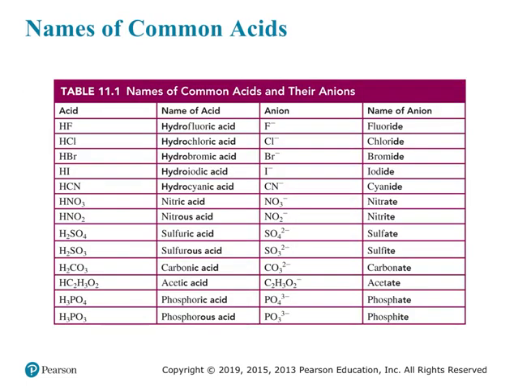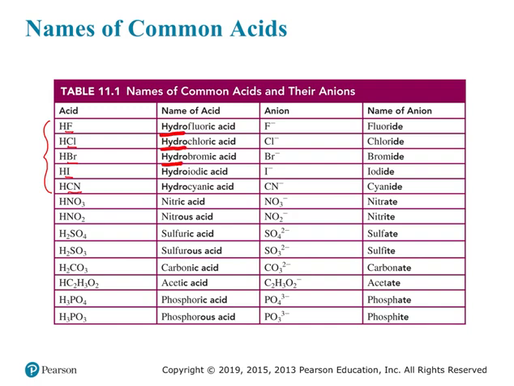So let's look at some examples. In your textbook, there's a table 11.1, and you'll notice that the first few of these acids contain a halogen or CN, which is cyanide. Now, all of those acids start with the prefix hydro.